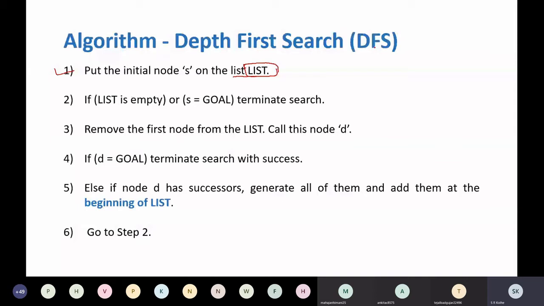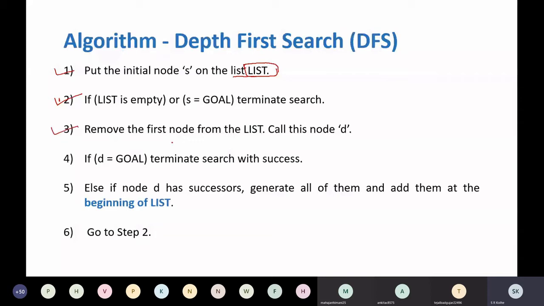If this list is empty, or if S itself is a goal, then terminate the search. If your initial state itself is a goal node, then you will have to terminate the search. Another possibility is if there is no starting node, or if the list is empty, after some time you may find the list is empty, then you will have to terminate the search.